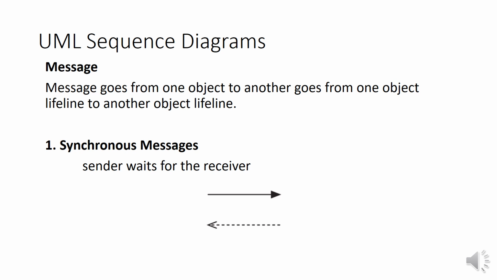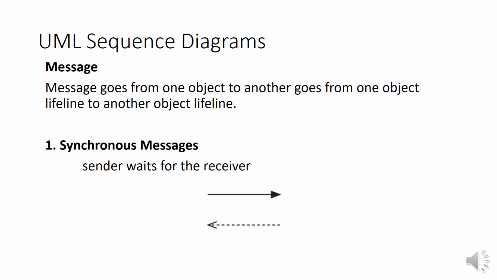You represent a message with the help of an arrow that goes from the lifeline of the sending object to the lifeline of the receiving object, and you have to label the arrow as well. You label it to say what the message is, whether it is add, delete, search, whatever the message is, you mention it above the arrow. So there are various kinds of messages.